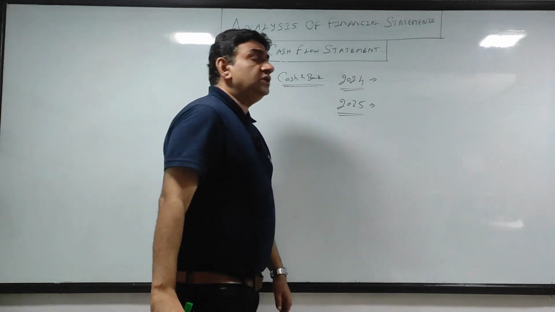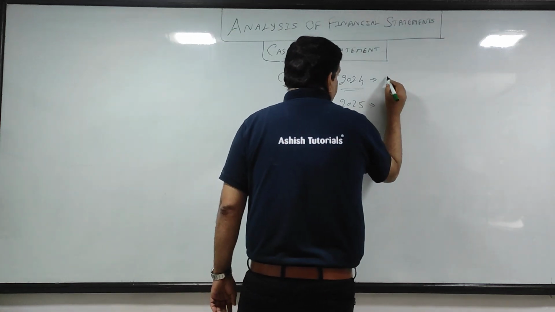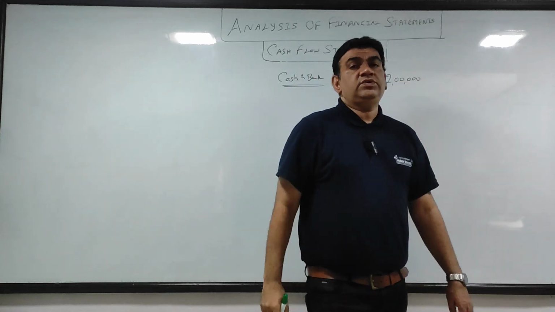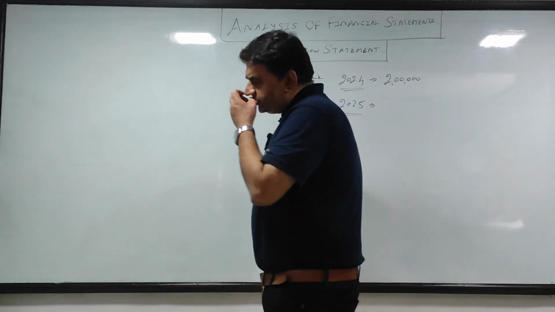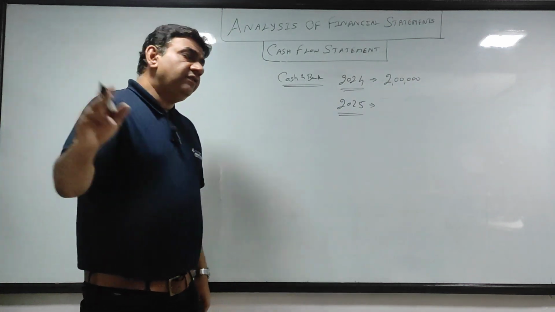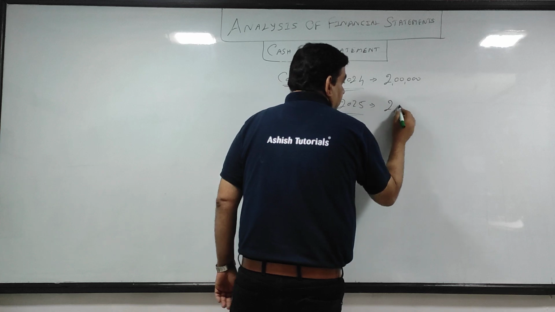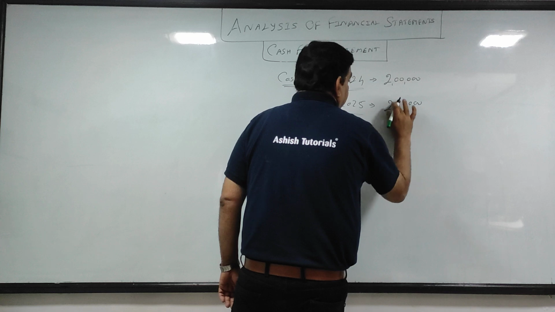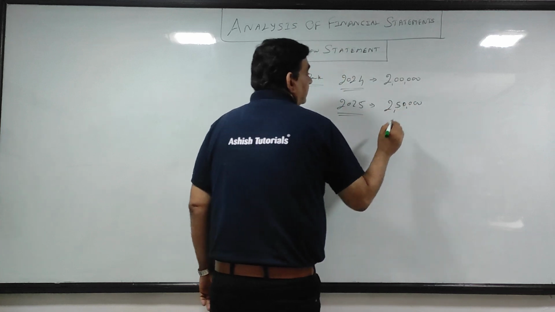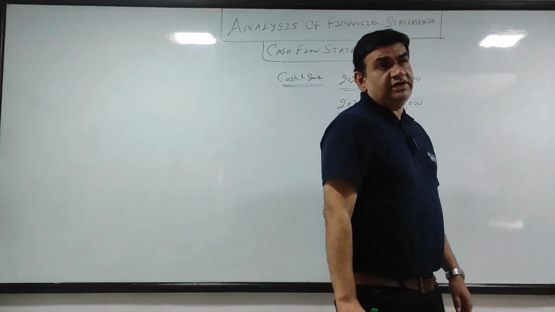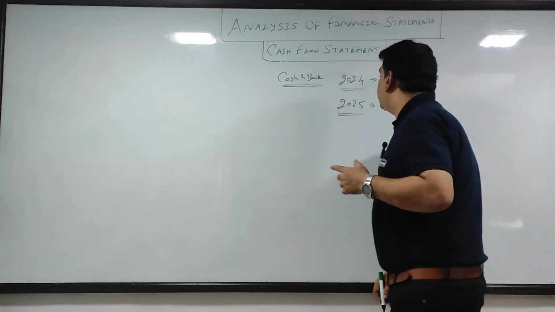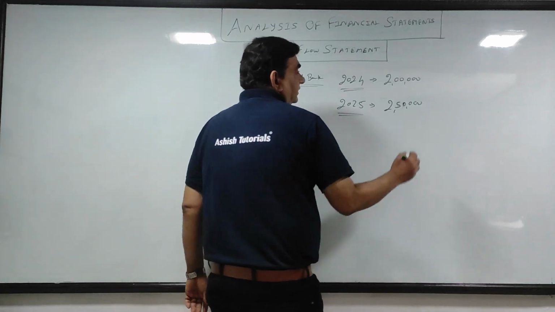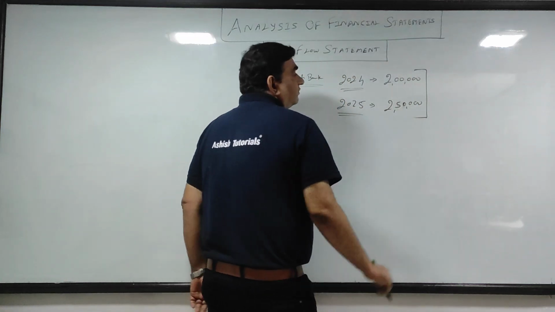Now 2024 का cash and bank balance is say 2 lakh rupees, and say for example 2025 का cash and bank balance is 250. So 2024 का 2 lakhs, 2025 का 250. Now see, ये 2 lakh हुआ 250.